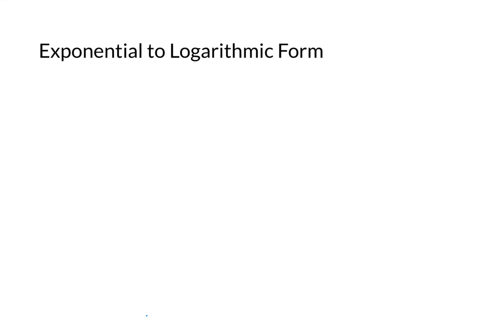All right, and now just going the other direction. We're starting with exponential and switching to logarithm. So if I have 15 to the power of 3, and that equals 3,375.